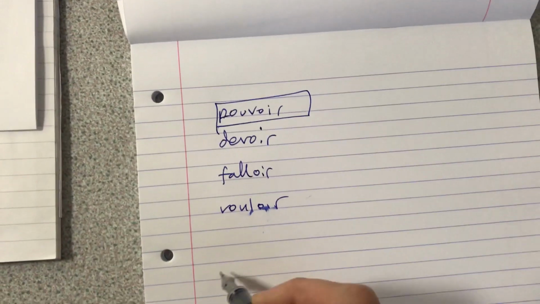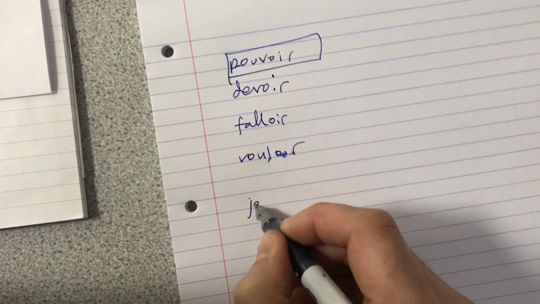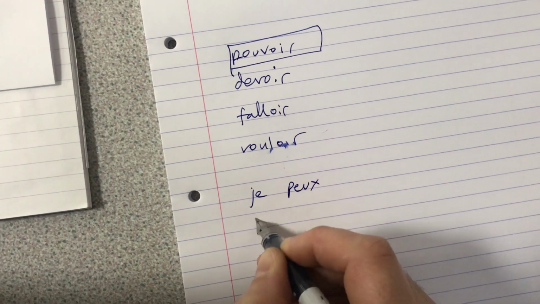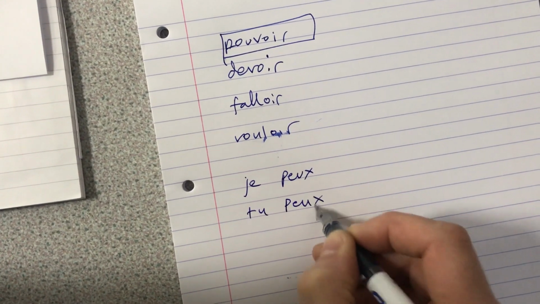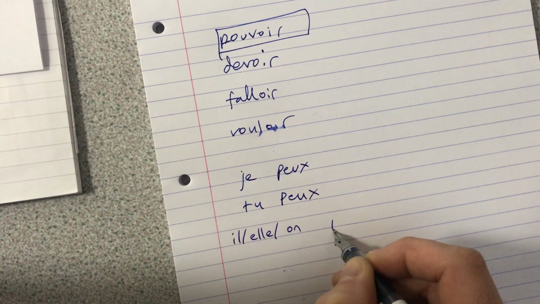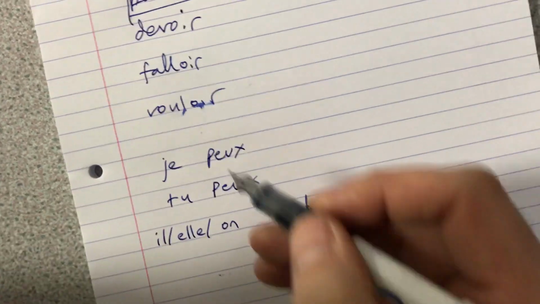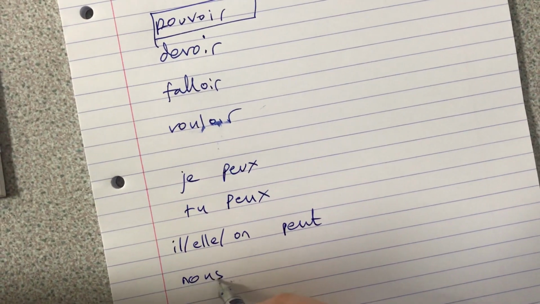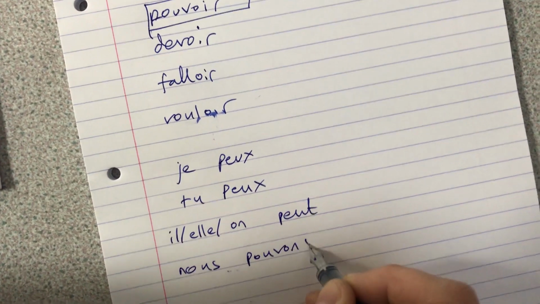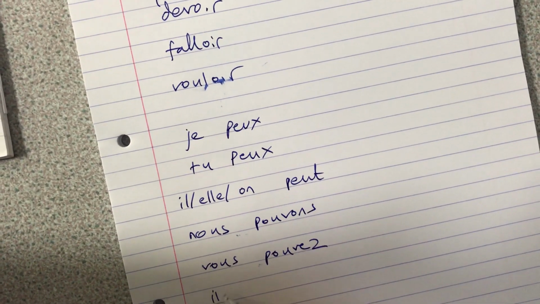So, to conjugate pouvoir, it's really irregular. So this is what it is. It's je peux, tu peux, il, elle, on peut. Look at the spelling. They're pronounced the same, but the spelling is different. Nous pouvons, vous pouvez, and ils peuvent.